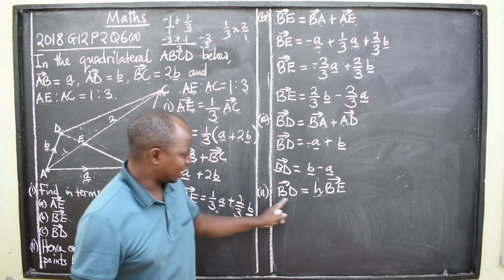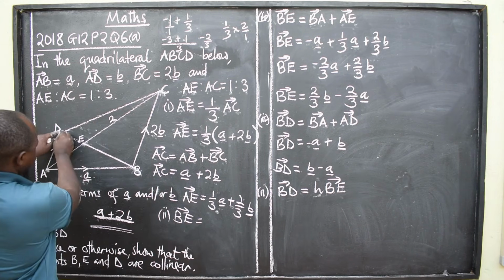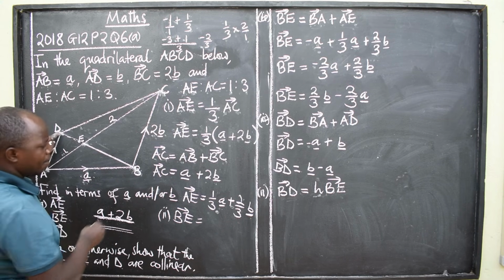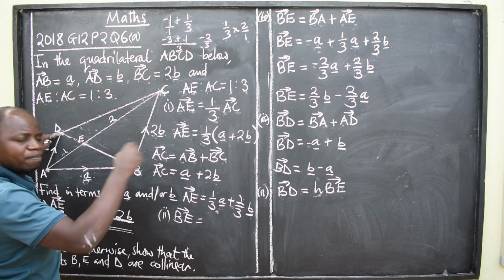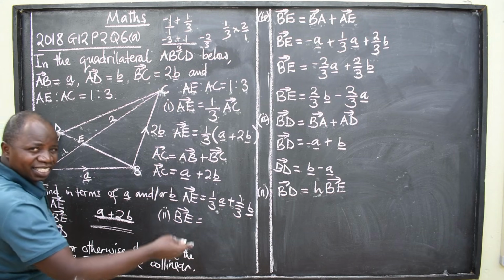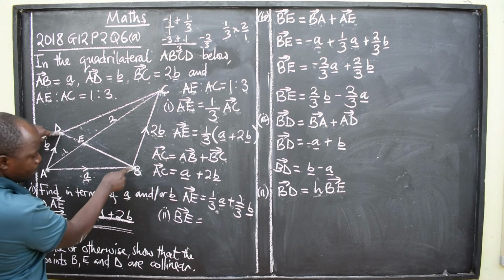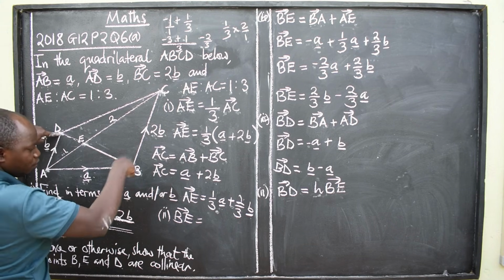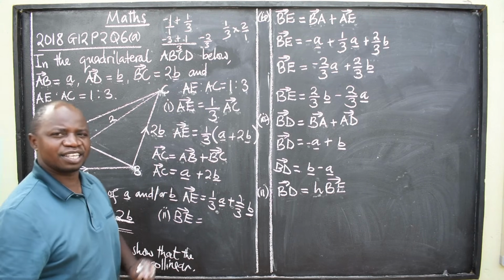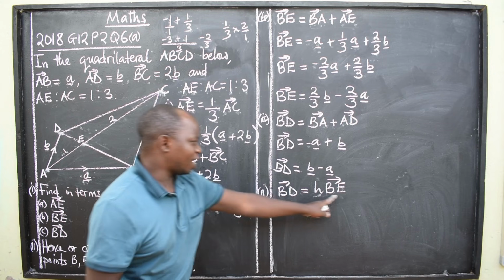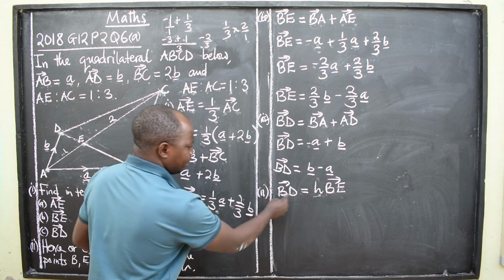Is the condition clear here? This is the condition. For the points to be collinear, BD must be a certain number times BE. Then they are collinear. So here now you just substitute to get H. What is BD?